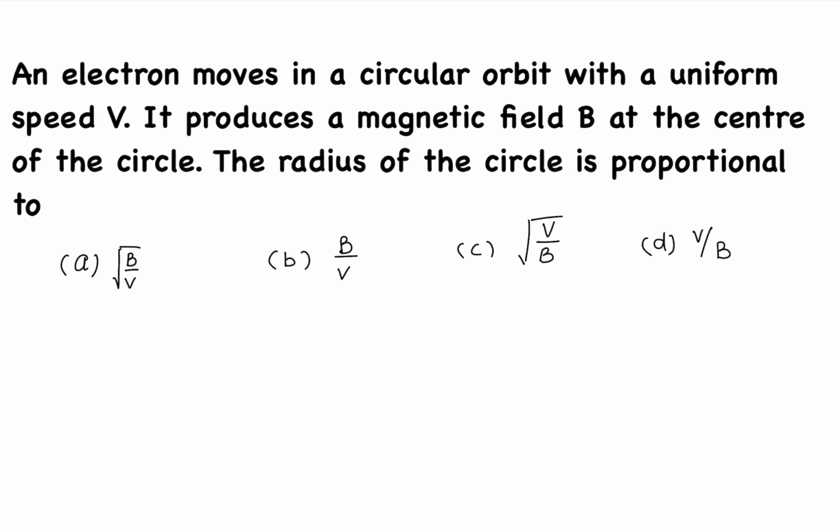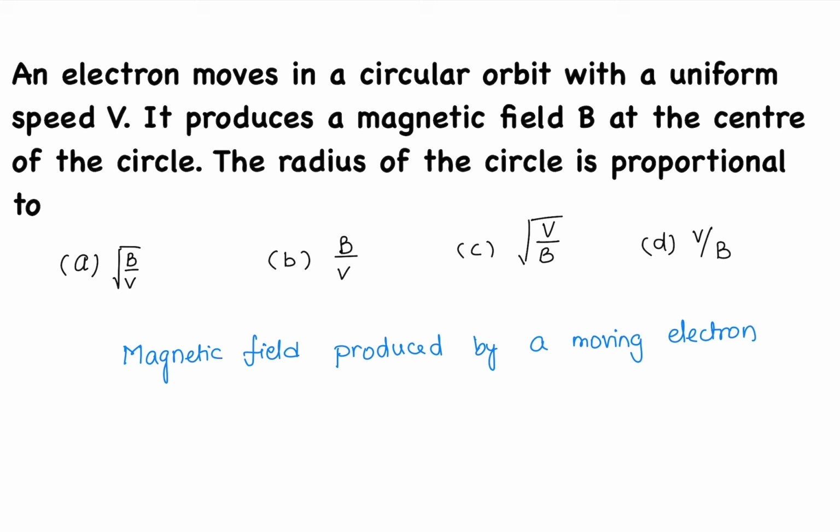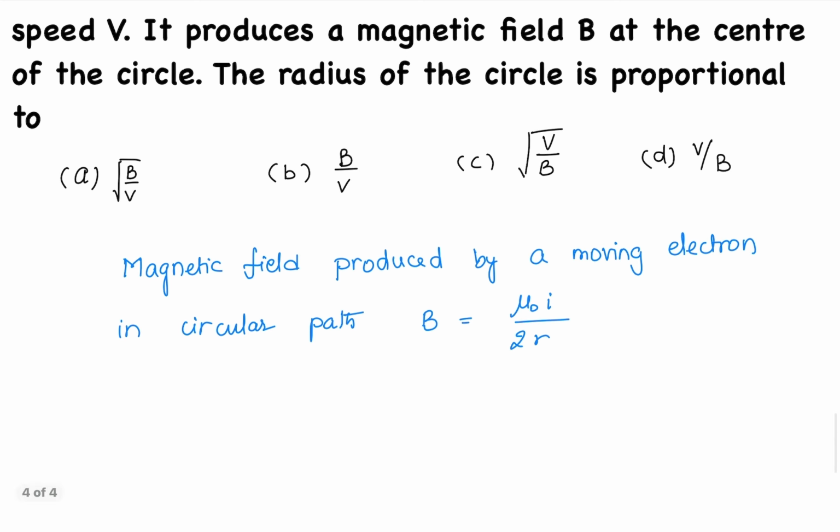So for this, we know very clearly that the magnetic field produced by a moving electron in a circular path is B, which is equal to mu naught into I divided by 2r.